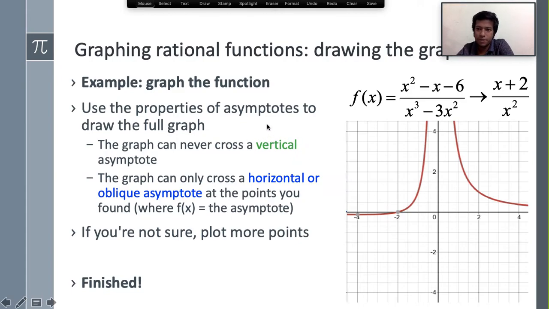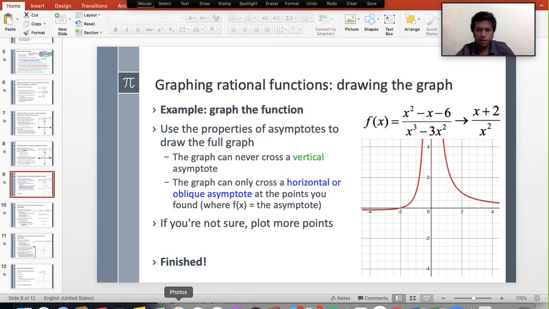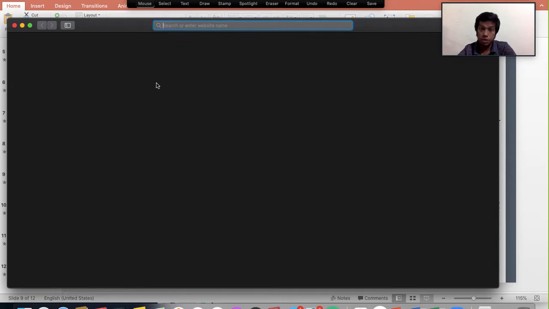Let's check why the computer is not showing the hole here. Maybe Desmos cannot show it, but it should show actually.